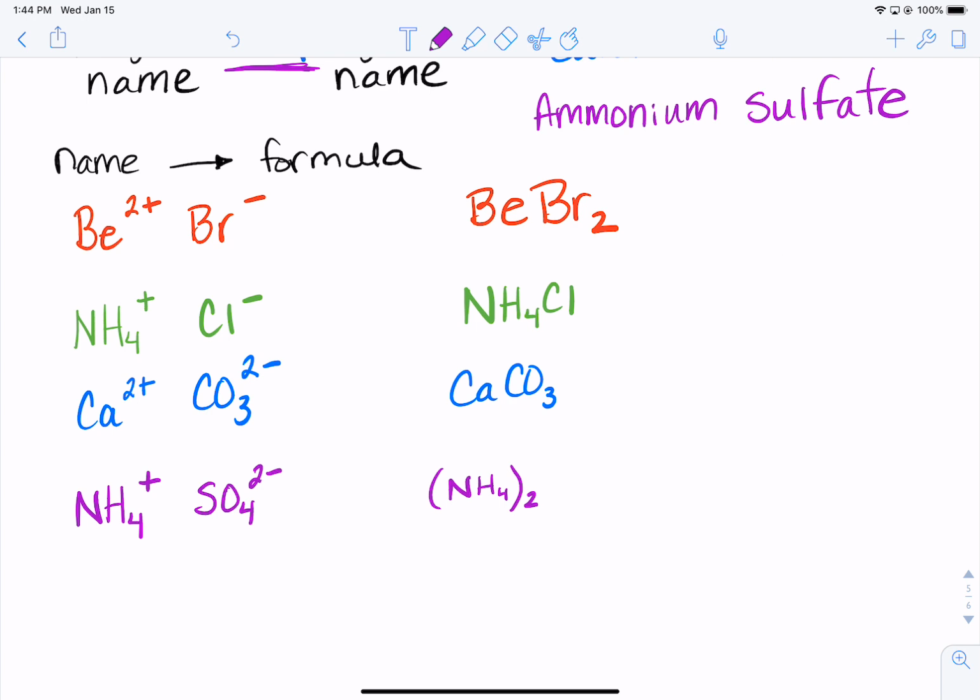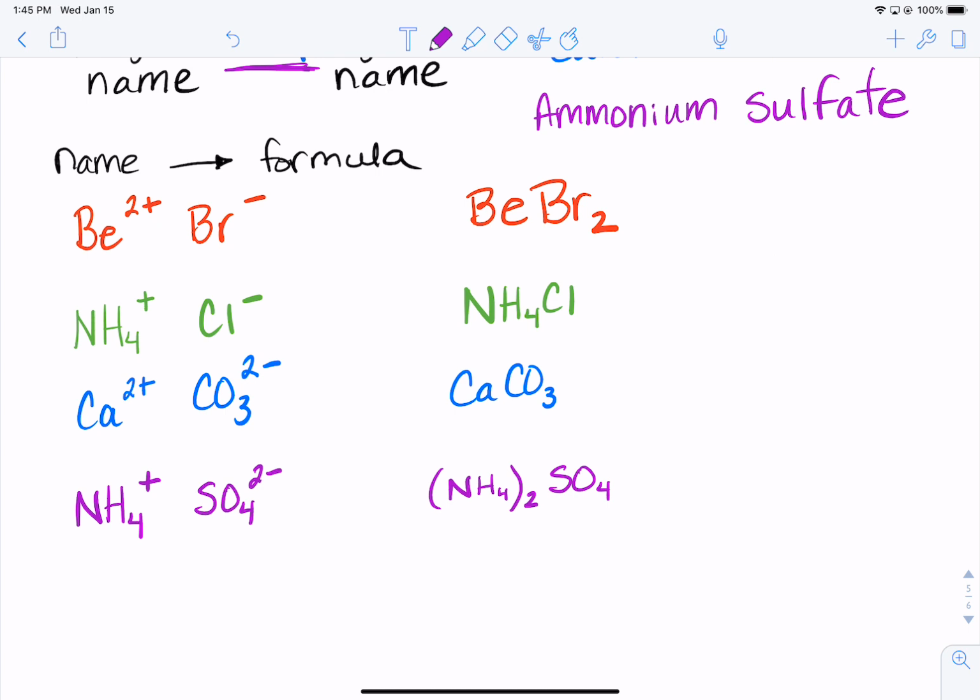We make it a little subscript, and that means you have double the NH4s for every 1 SO4. I don't have to put parentheses around SO4 because I only need 1 of them. So polyatomic ions, folks, if you need 2 or 3 or 4 of them, you have to put them in parentheses and then put the little subscript outside the parentheses.